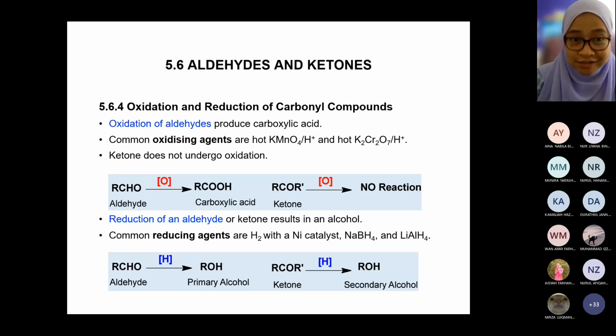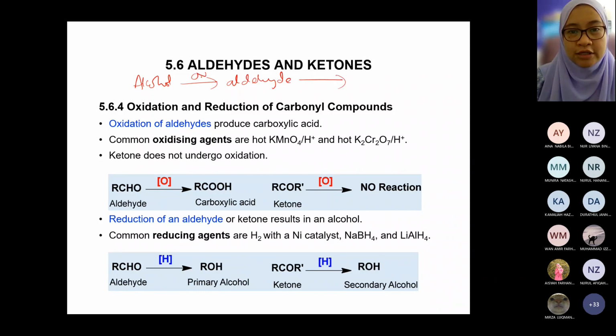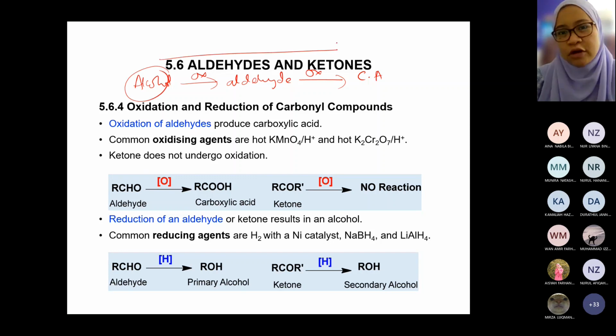Next, oxidation. Okay, oxidation of aldehyde. Okay, remember kita belajar alcohol last time. So alcohol, bila dia undergoes oxidation, okay, kalau step by step the process, it will produce aldehyde. And then undergoes oxidation lagi, okay, it produce carboxylic acid. Tapi kalau if we are using very strong oxidizing agent, dia boleh shoot from alcohol directly to carboxylic acid.